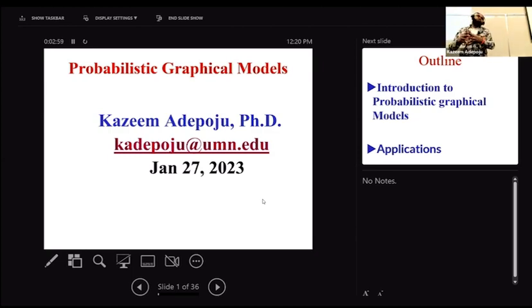But I want to tell you everything is basically going to be easy. All I need from you is to sit back, listen, and ask questions if you need clarification. Okay, so I want to introduce you to probabilistic graphical model.